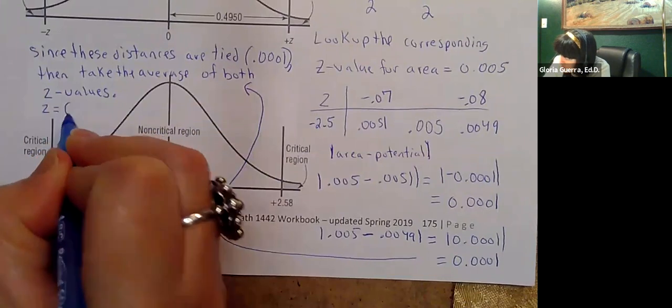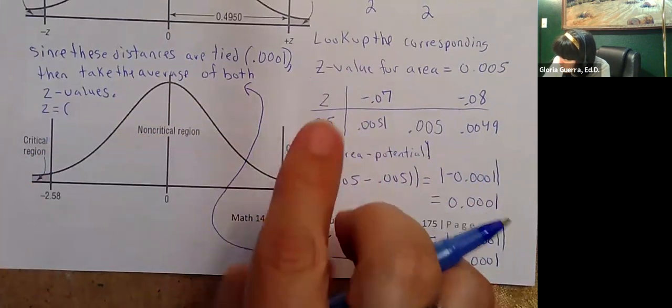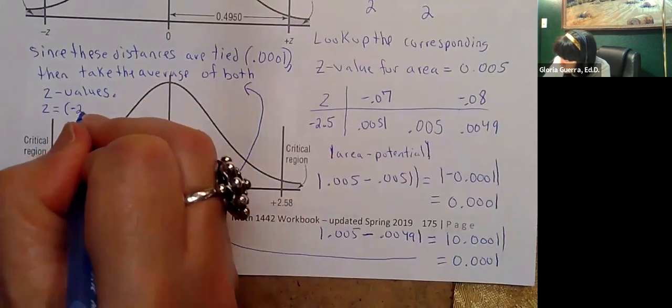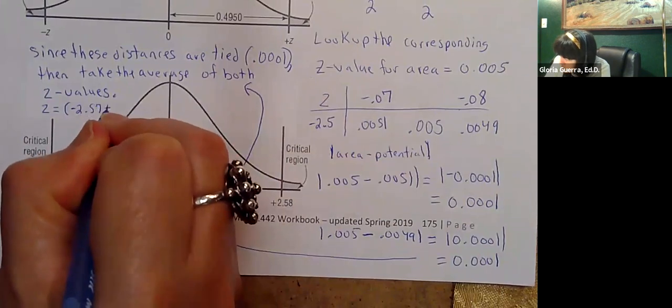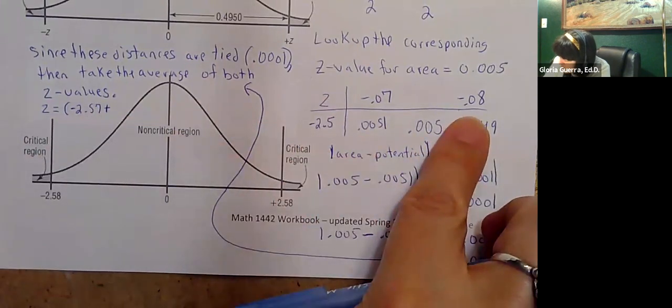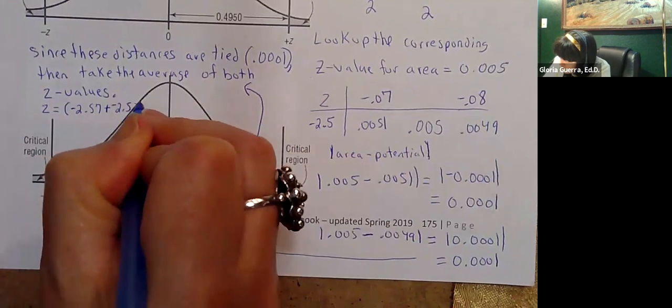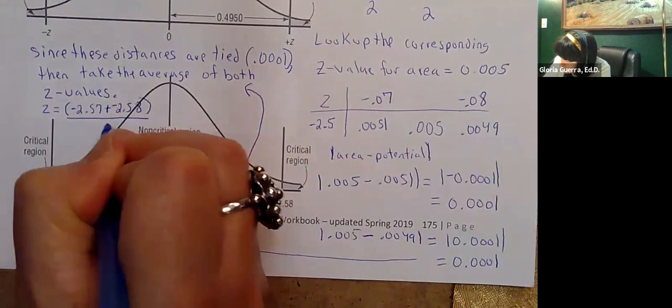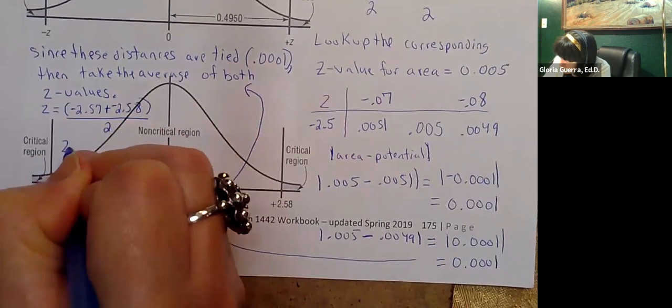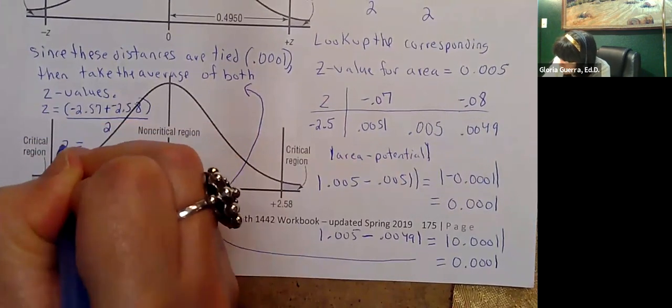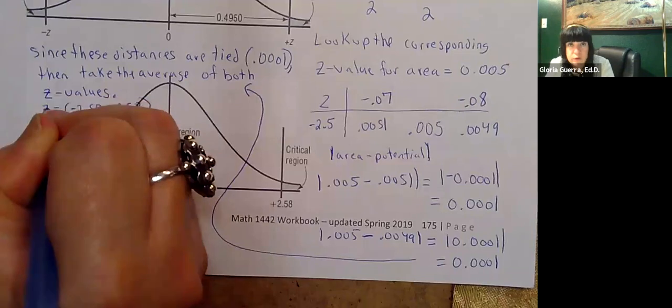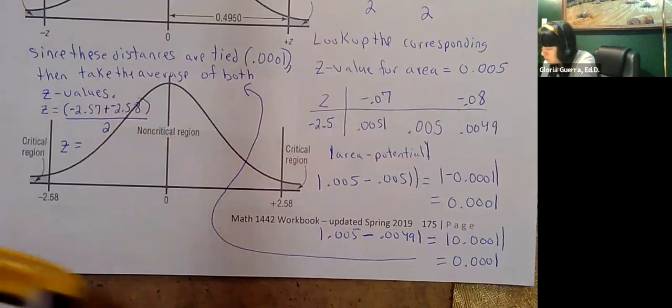When we do that, open parentheses, I have negative 2.57 plus negative 2.58, and then I'm going to divide that by 2. Okay, so I'm going to use my calculator.